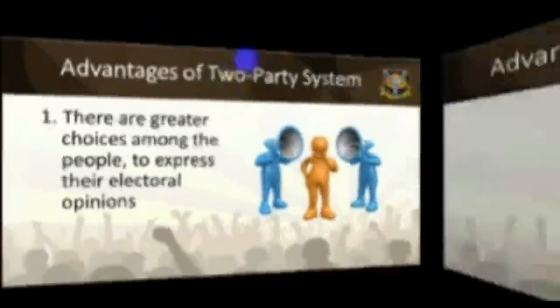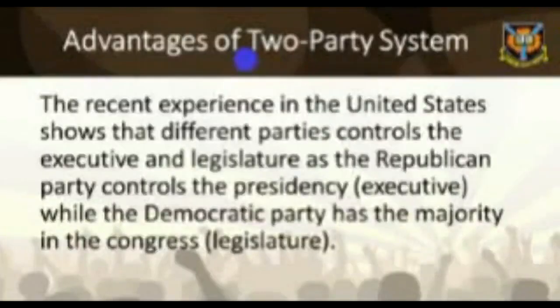Again, the people may have the opportunity to decide which political party should control the executive or which one should have the majority in the legislature. The electoral opinion will determine if the party that controls the executive will have its members controlling the majority of the parliament.